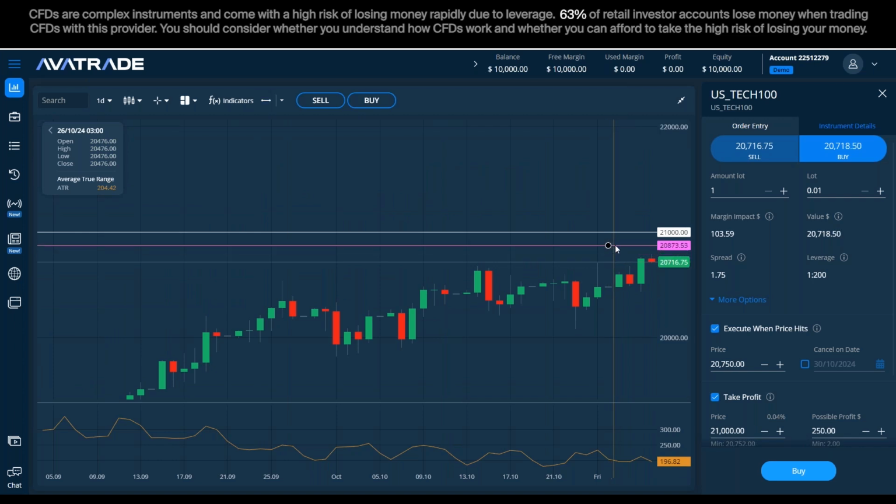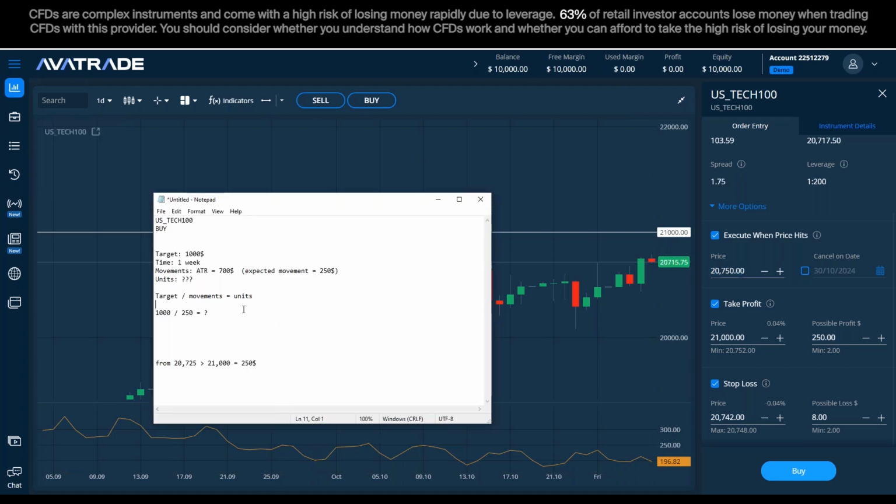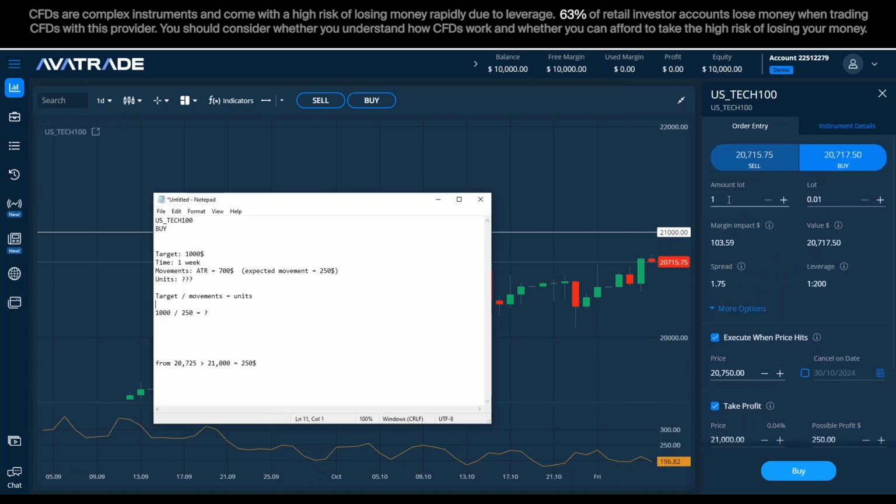So what I did is I pushed the entry from where we are at to a little higher. Instead of buying at this price, I'm planning to buy at 20,750. That's the reason. I'm expecting 21,000, the difference is 250. That is why 250.